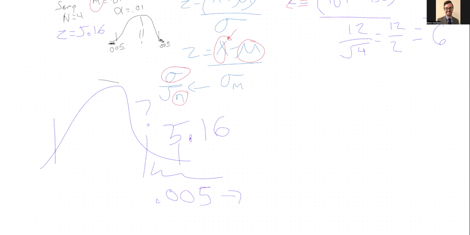So how can we find that out? How do we find what our z cutoff is? We have an alpha of 0.01, and we said it's a two-tailed test. So we need to know something about 0.005.